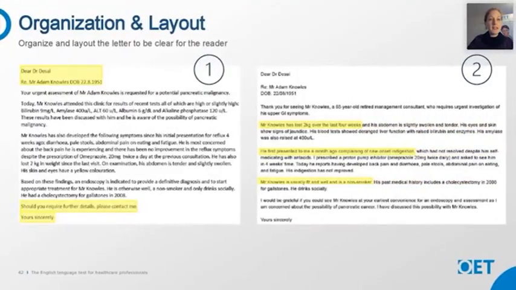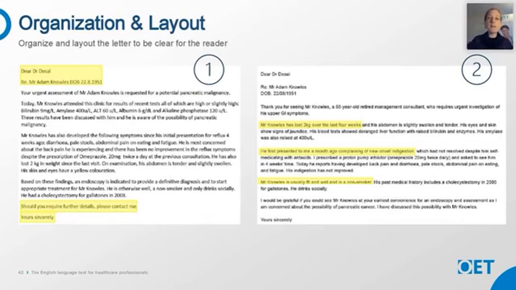We've already talked quite a lot about organisation and layout, and to score well for this criterion, you need to make sure the letter is organised and well laid out for the reader, just as it says. So we've already touched quite a lot on how to organise the information you want to include. Put yourself in the reader's shoes, but also think about these other things.